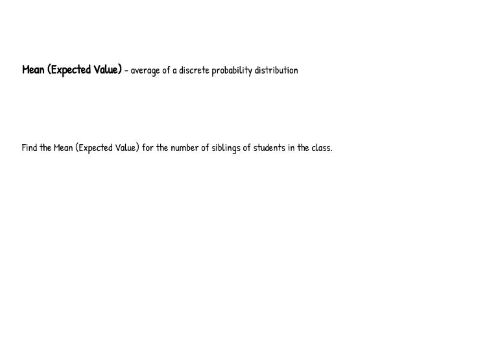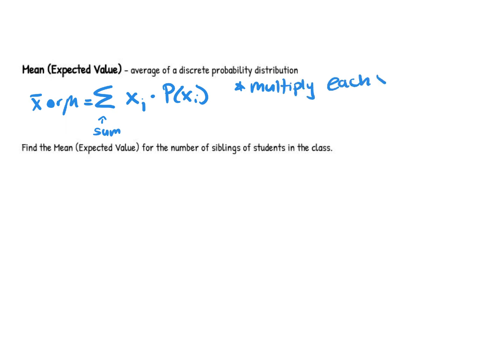So for our mean expected value, it's the average of a discrete probability distribution. So it's x bar, or mu, equals the sum, that's sigma, it stands for sum, of each of our x values times the probability of that x value. Okay, multiply each x by its probability and add.